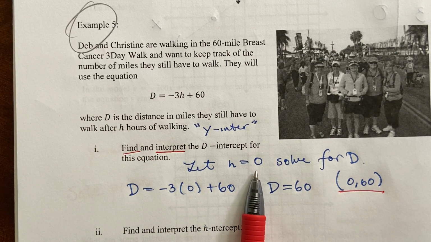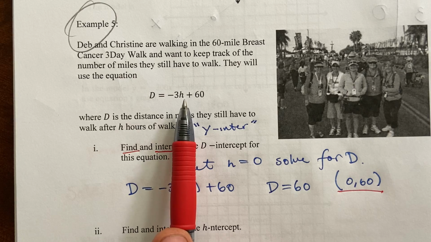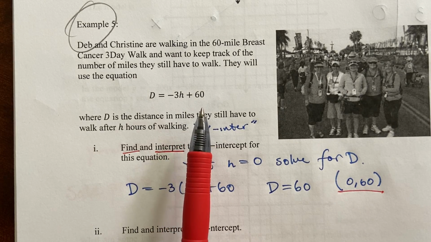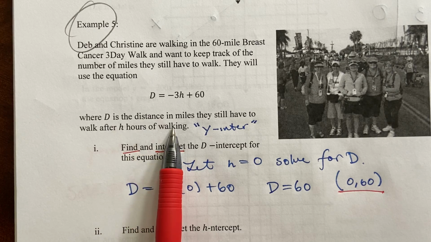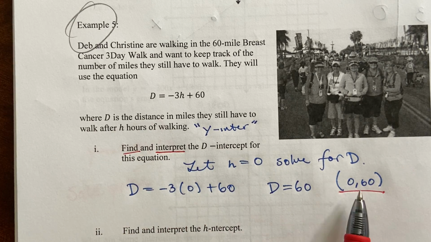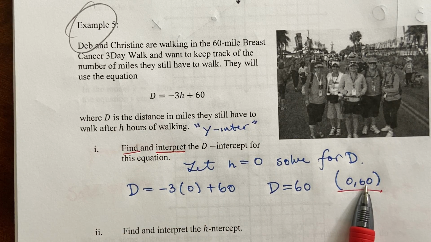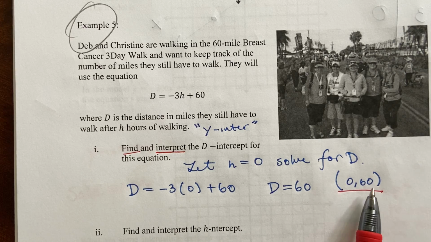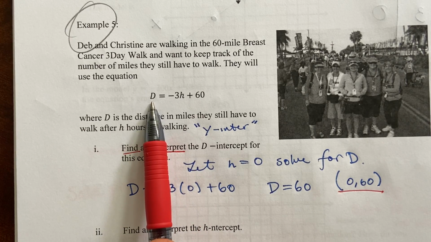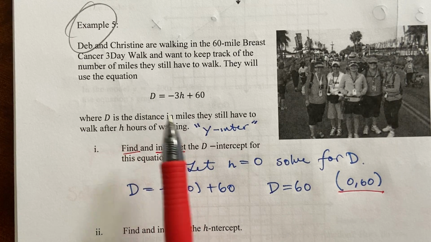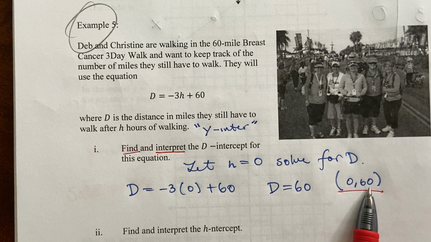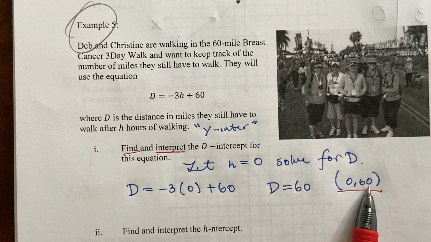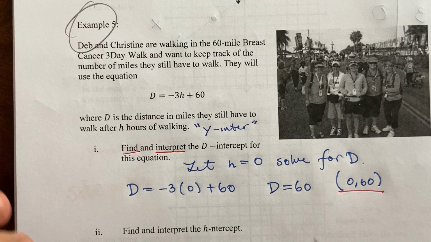So if we have a 0 for h, that means they haven't started walking yet, right? So they have done 0 hours of walking. And then what would the 60 mean off of that? Well, the D is representing how far they have yet to walk. So that would mean that after walking 0 hours, after not walking, they still have the 60-mile walk to walk. So that's what it means.